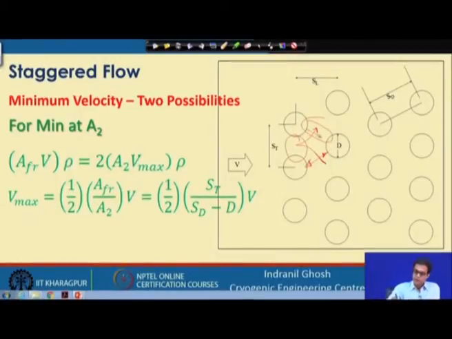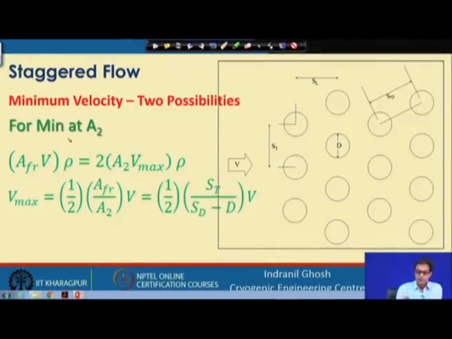So, we have to look at these two possibilities. One we have already seen, A1, and the other possibility is A2. If A2 is the area where we find the minimum area and the maximum velocity, then how does the velocity look?